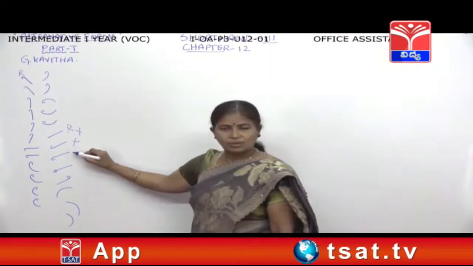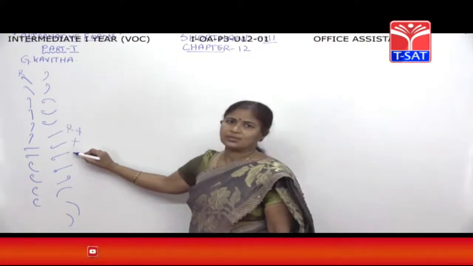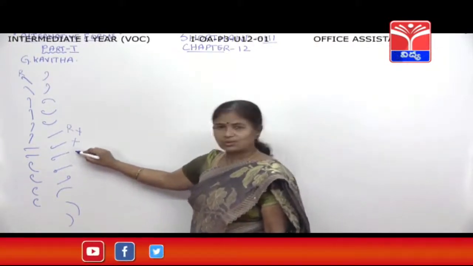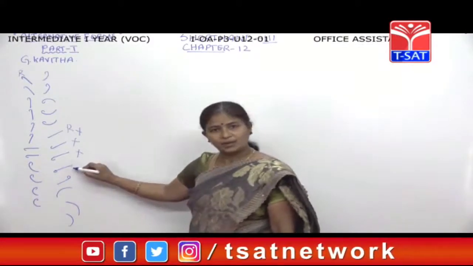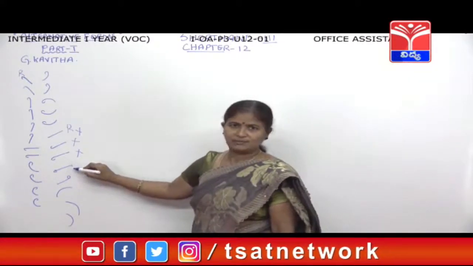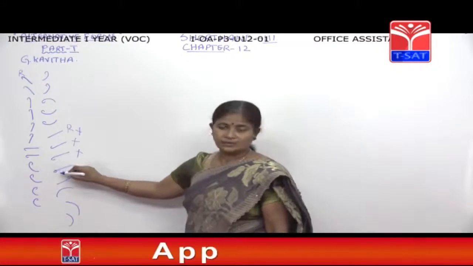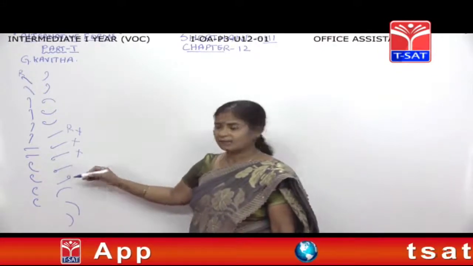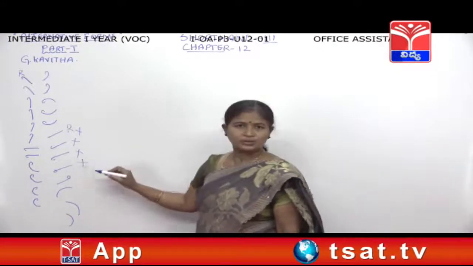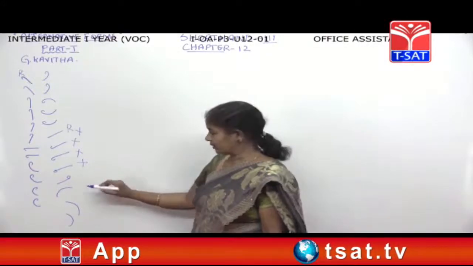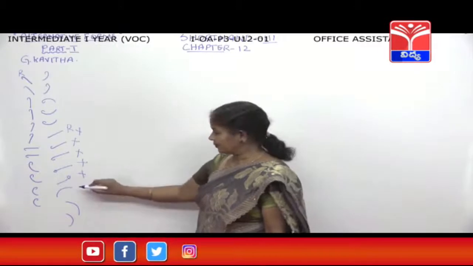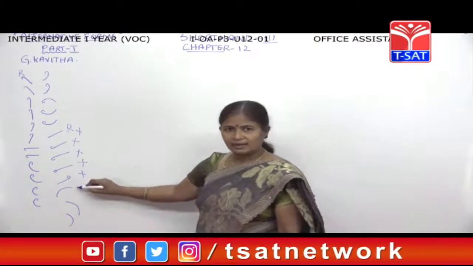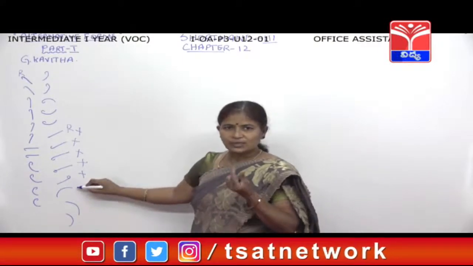And there is no R hook to even stroke A also. Okay? There is no R hook to A, and even there is no R hook to upward H. Why? Because it is circled here. Where do we place R hook? So we can't place. So there is no R hook to stroke H, upward H. Okay? And downward H also we can't place R hook. Okay? And stroke L and R cannot be sounded at once.